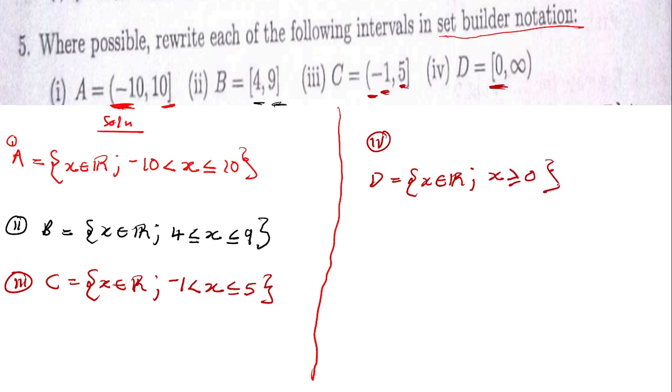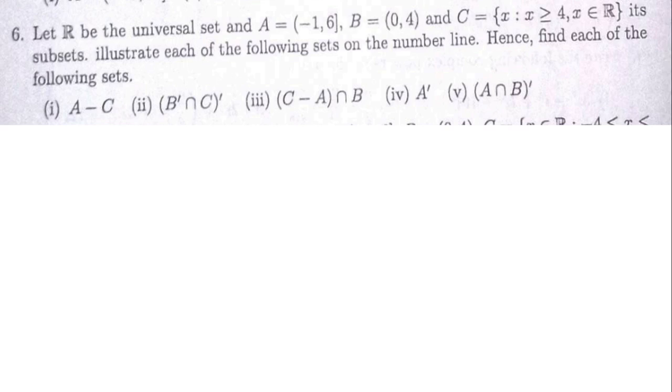Then that's the final answer. So these are the ways you can change the interval notation to set builder notation. You can also change the same set builder notation to interval notation, and later on you can change them to the number line. So let's quickly look at the last question in this tutorial class.